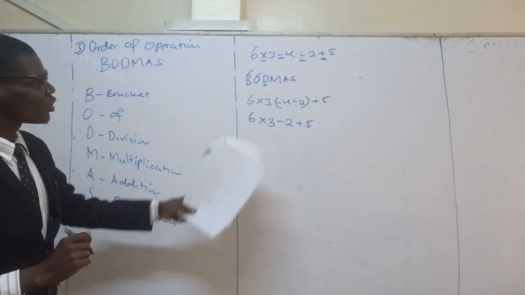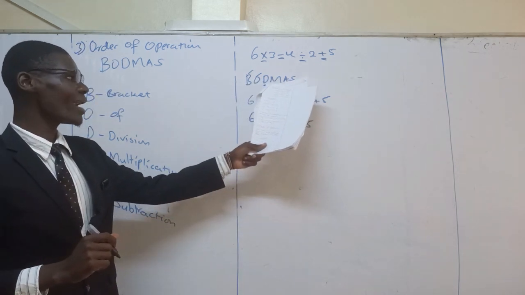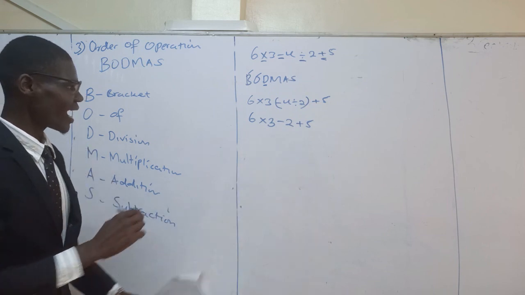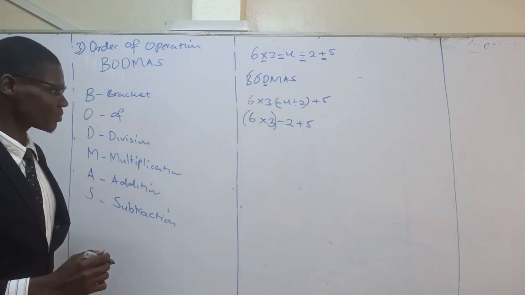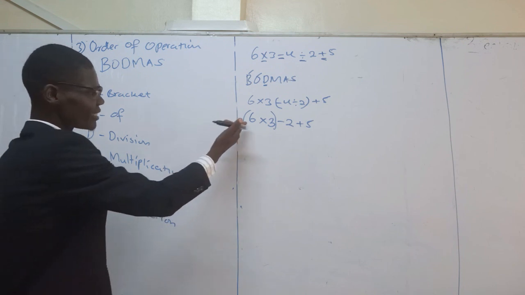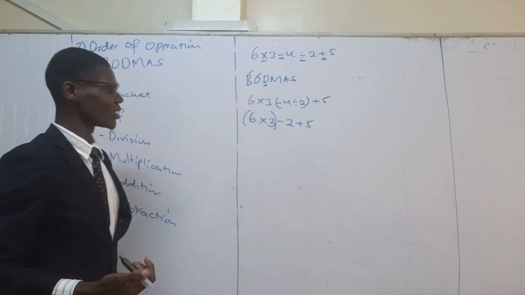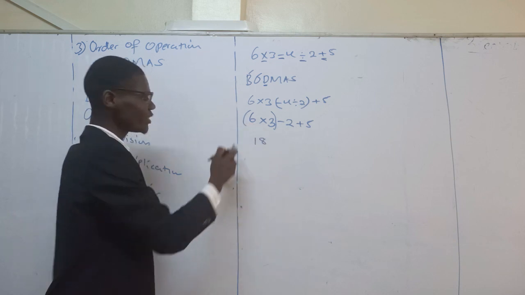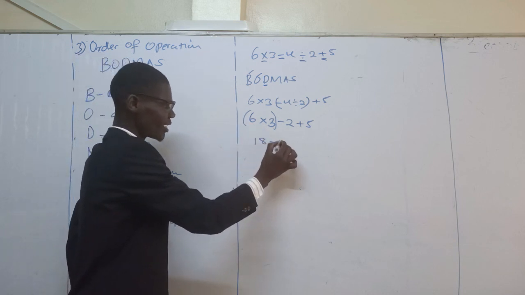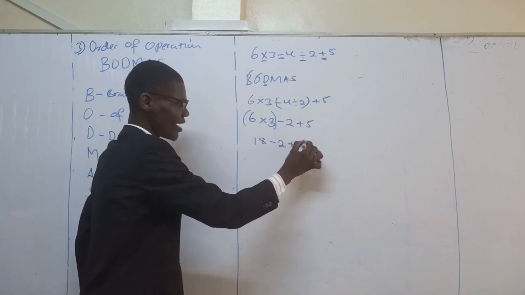After that, I go to multiplication. We are multiplying 6 by 3. I multiply 6 by 3, I get 18. So it is now 18, subtract 2, add 5.